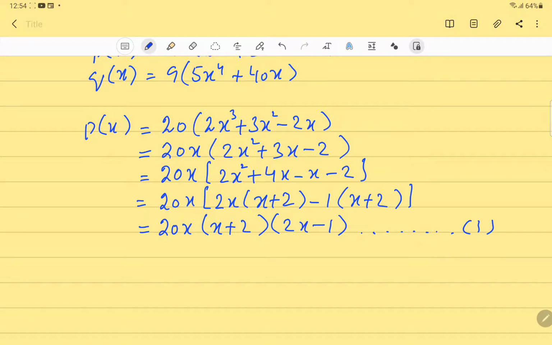Now we go towards our second one, which is 9 into 5x to the power 4 plus 40x.